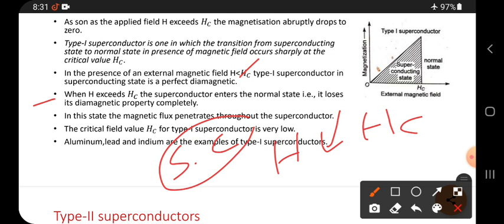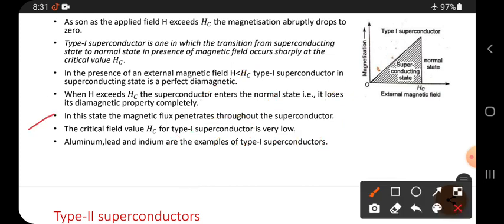When H exceeds Hc, the superconductor enters the normal state, that is, it loses its diamagnetic property completely. Losing the diamagnetic property means it is simply magnetized, so magnetic lines of force can pass through it.